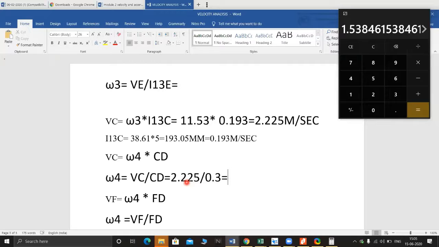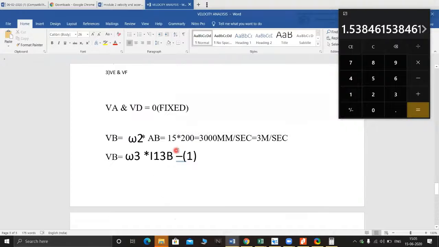Correct. 7.41 radian per second. This is what we got for the first question.